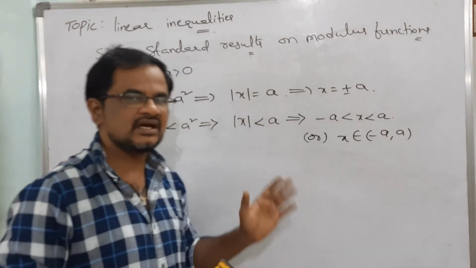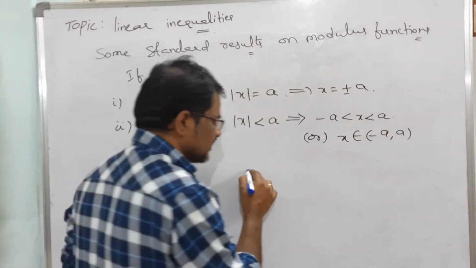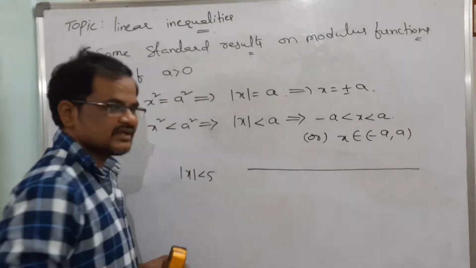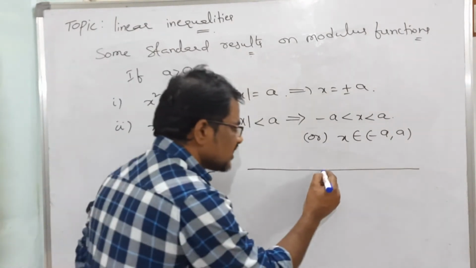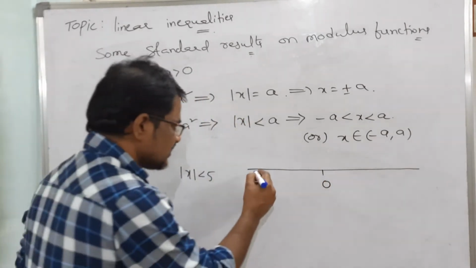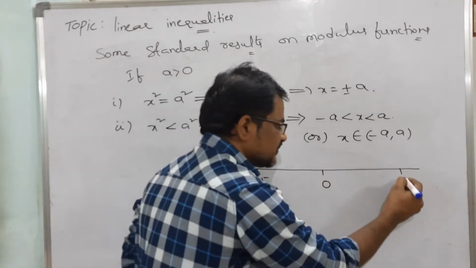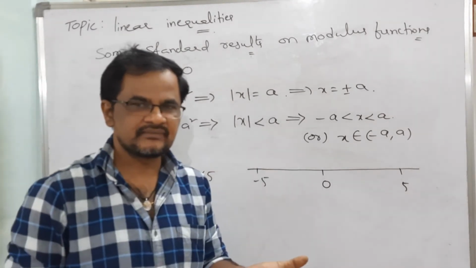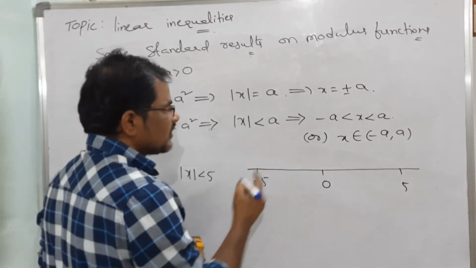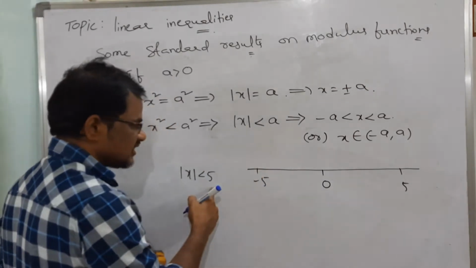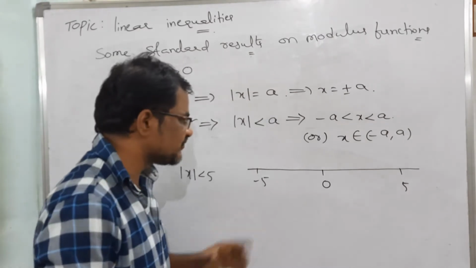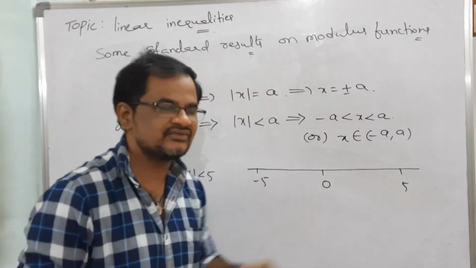What is the meaning of this condition? Suppose mod x less than 5. Here origin is there, here minus 5 is there, and here plus 5 is there. Modulus is nothing but distance, right? So mod x less than 5 means x is located at a distance of less than 5 units from the left and right side of the origin.